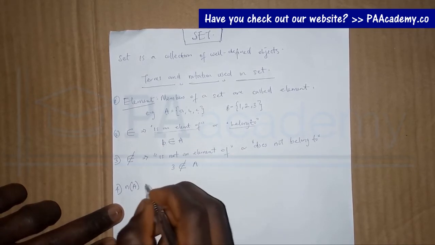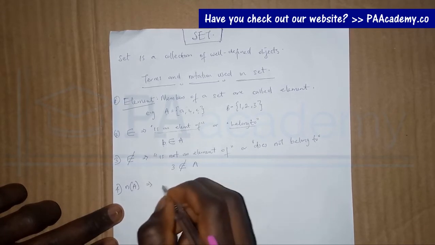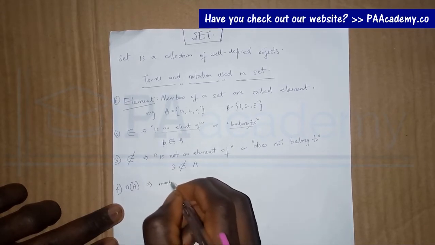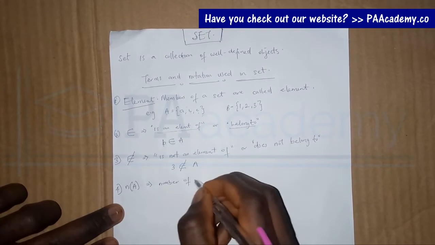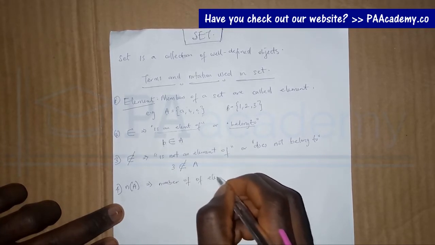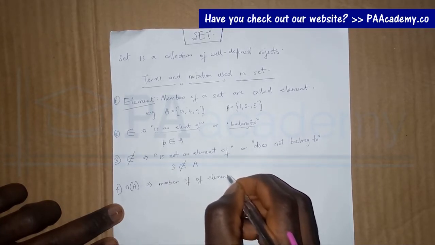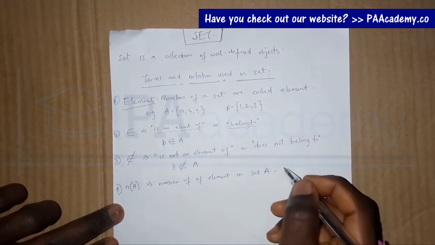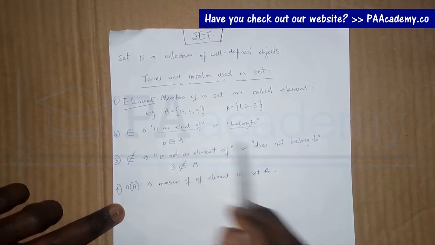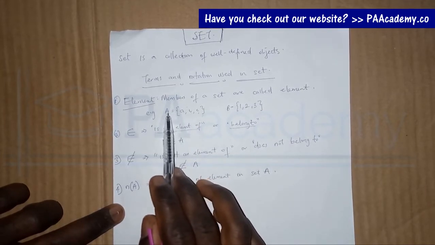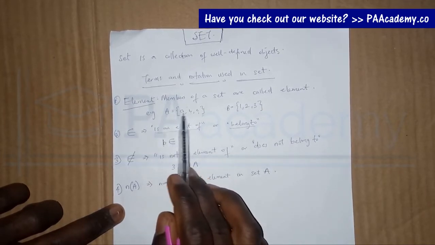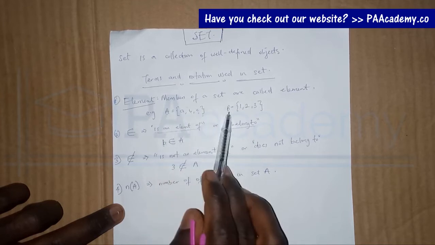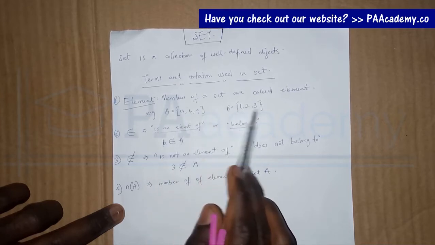What this notation means is the number of elements in set A. Coming back to what I have here, if you look at set A, we have 1, 2, 3. There are 3 elements here. If you look at set B also, we have 1, 2, 3, 3 elements.